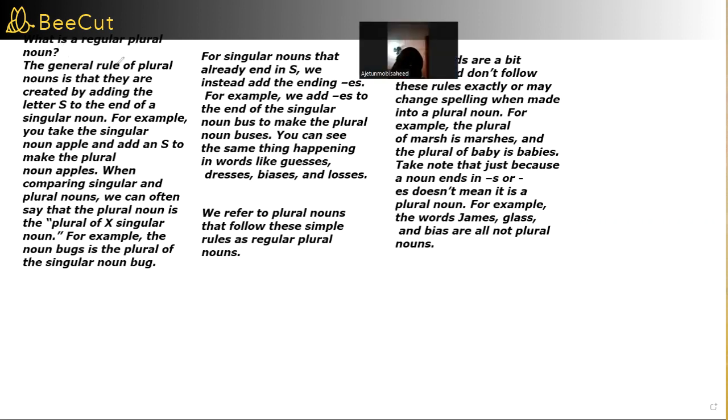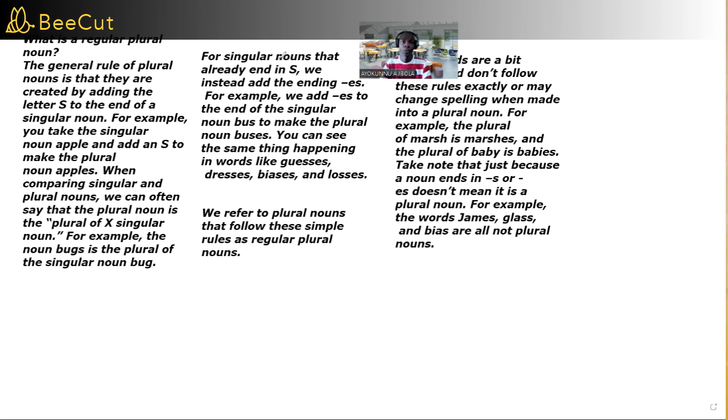So, what are regular plural nouns? These are nouns that follow the general rule that the plural of a noun is formed when s is added to its singular form. For example, apple becomes apples, while bug becomes bugs, simply by adding s.